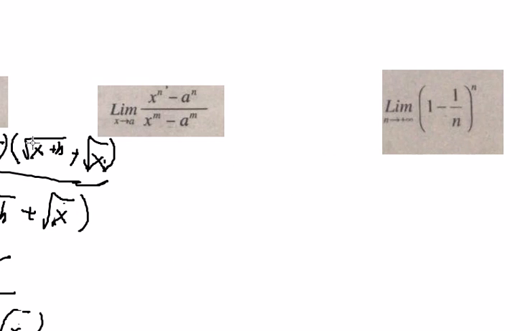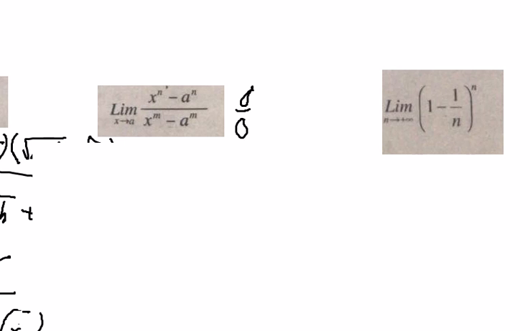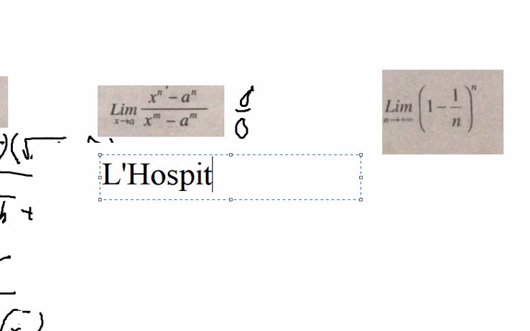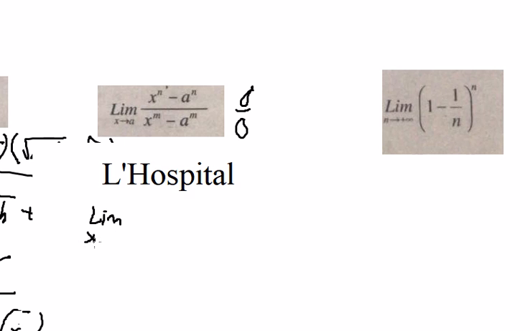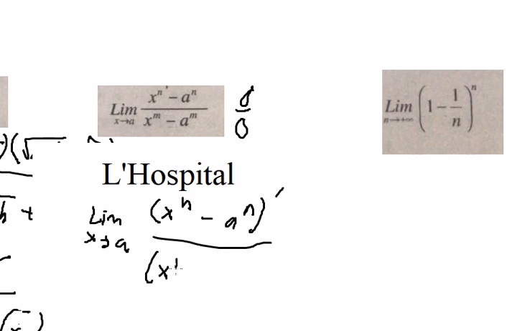Next, we go to the next one. If we put a in here, you get 0 over 0. So in this situation, we can use L'Hospital. So we first take the derivative on the numerator, and the derivative on the denominator.